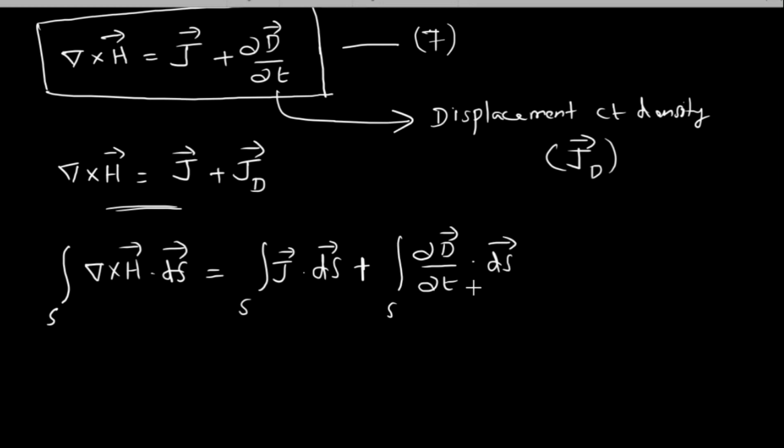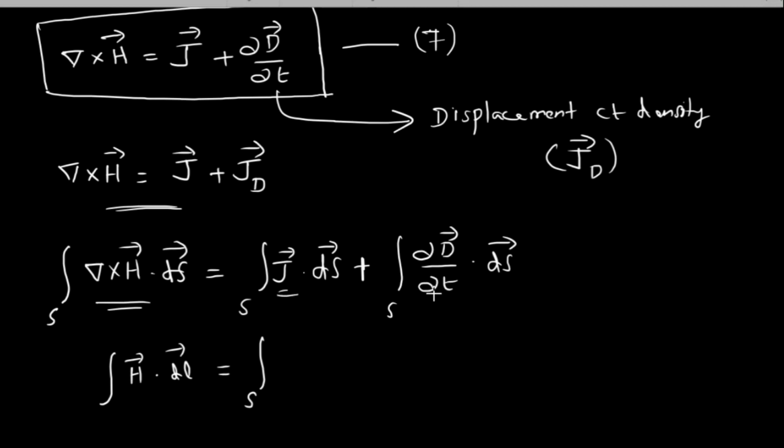ds. Now to make this look better, I am going to apply Stokes theorem to the LHS. So I have curl of H dot ds on the LHS, which can be written as H dot dl. Curl of H dot ds is nothing but H dot dl if I apply Stokes theorem. So H dot dl is equal to the surface integral.